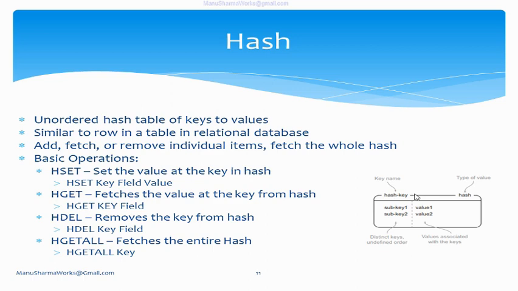So employee will be a table, with employee first name, employee last name, employee email address, and corresponding values to it. So employee will be used as a table, and the different values will be used as a record.